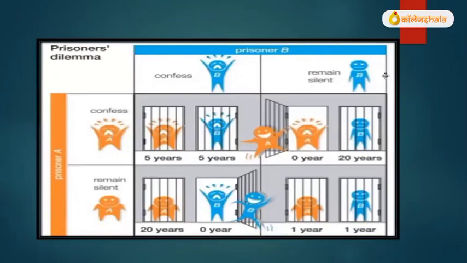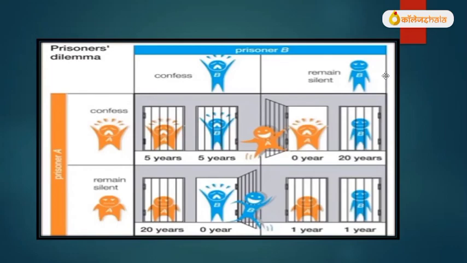If prisoner B remains silent and A confesses, what will happen? A will go free and B will be in jail for 20 years, which is a huge time.